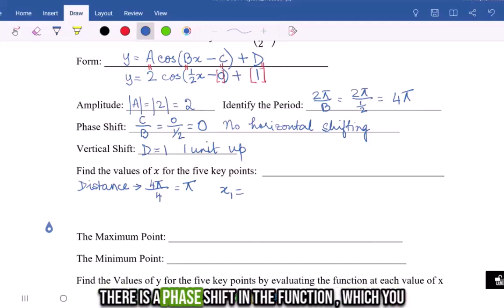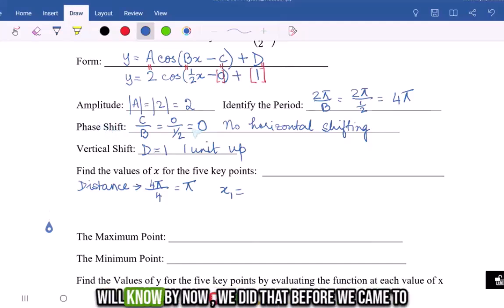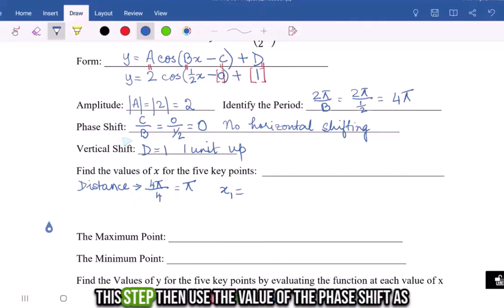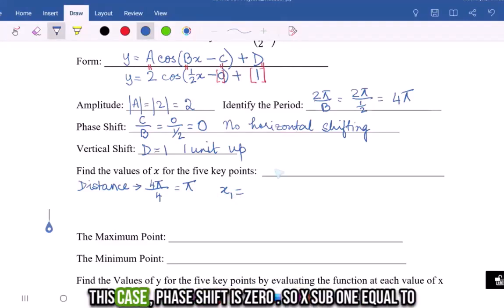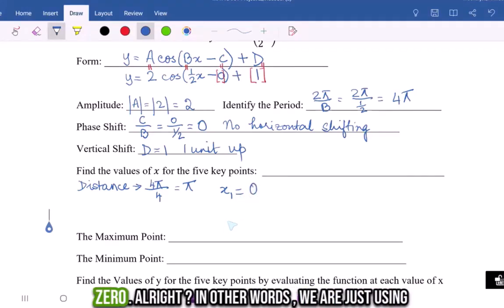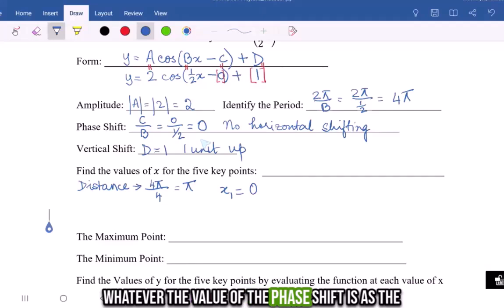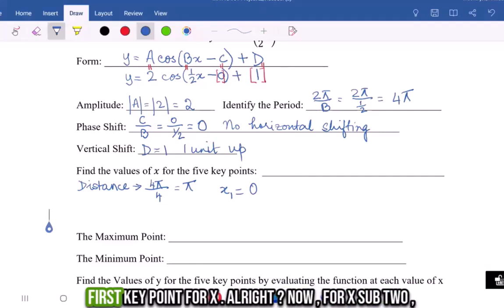However, if there is a phase shift in the function, which you will know by now, we did that before we came to this step, then use the value of the phase shift as the value of the first x key point. All right. So in this case, phase shift is 0. So x sub 1 equals 0. In other words, we are just using whatever the value of the phase shift is as the first key point for x.